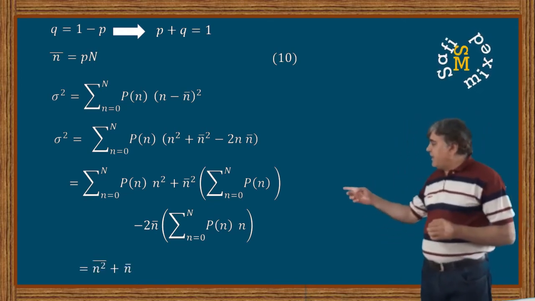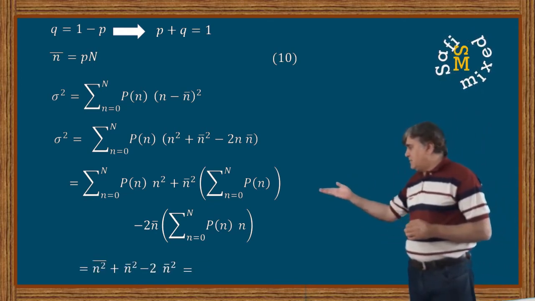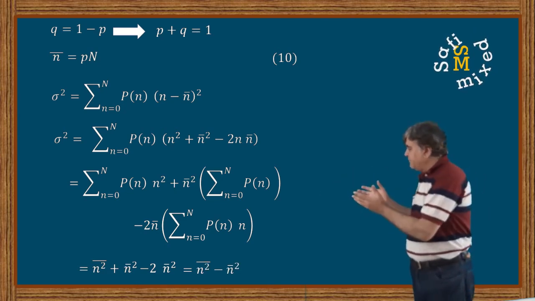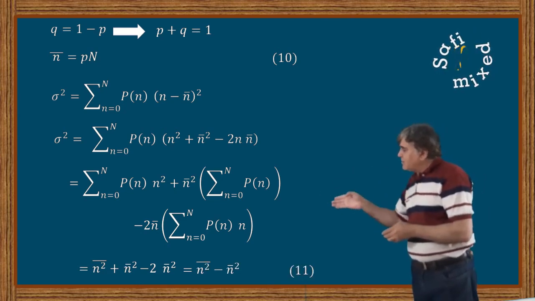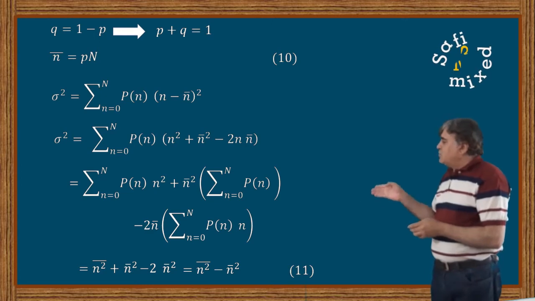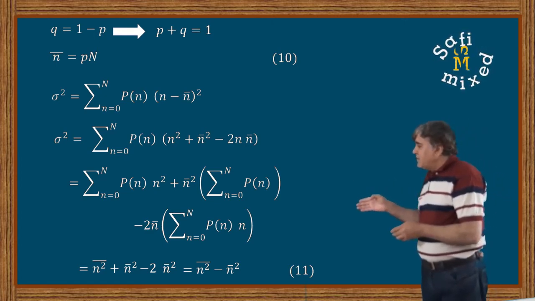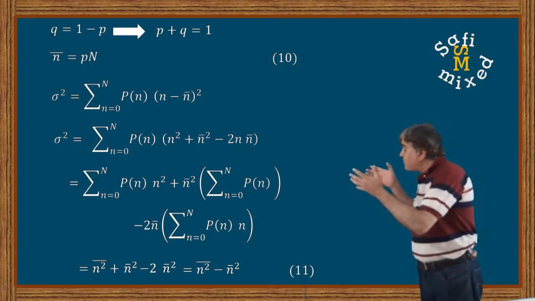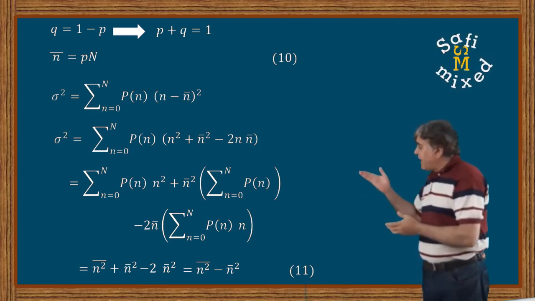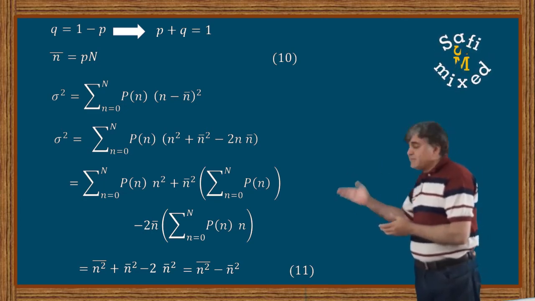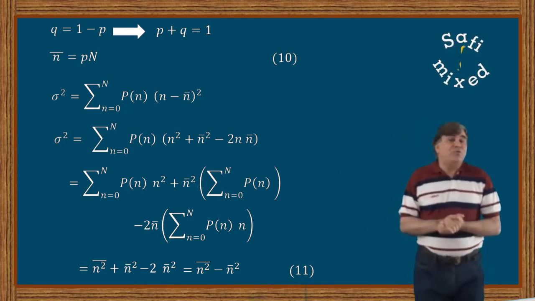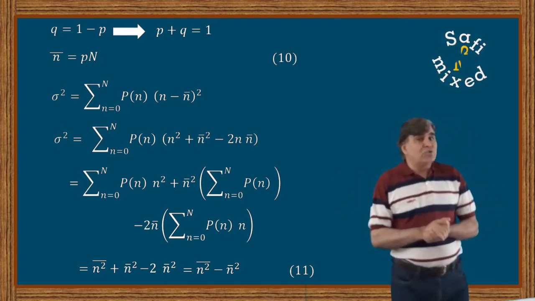I'm writing that n bar square because what is inside the bracket is 1, and the third term is 2 times n bar times the average value of n, which is again n bar, and n bar times n bar is equal to n bar squared.